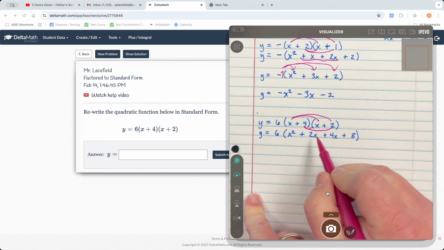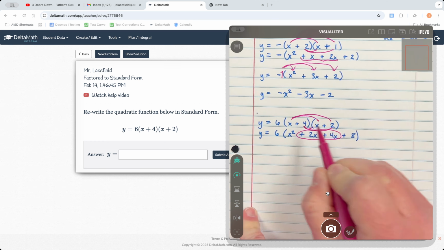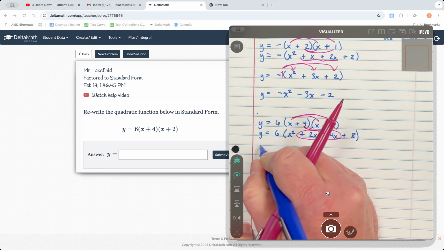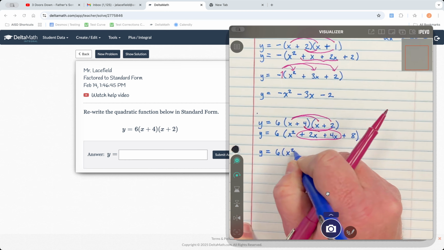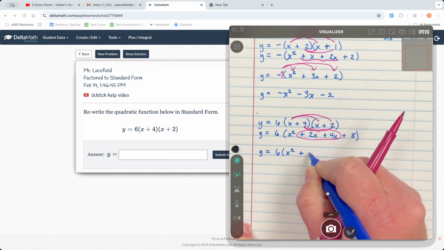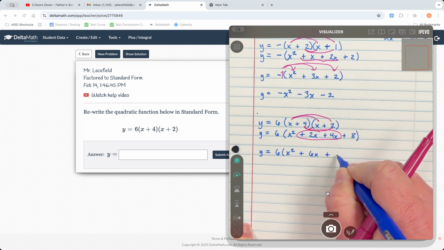Okay, we'll then clean up the interior. So we're left with y equals 6 times (x squared plus 6x plus 8).